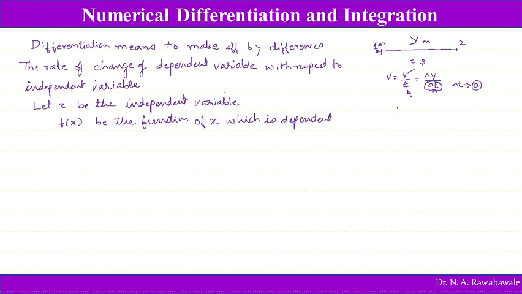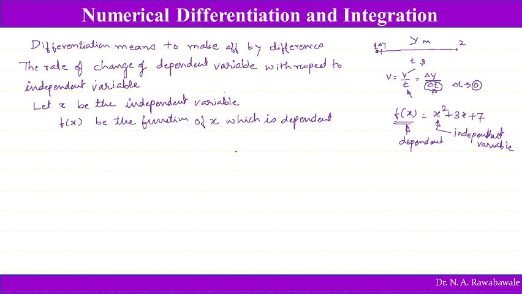For example, f of x is a function, it may be x square plus 3x plus 7. If we change the value of x, the value of f of x also changes. That's why f of x is known as a dependent variable and x is the independent variable.